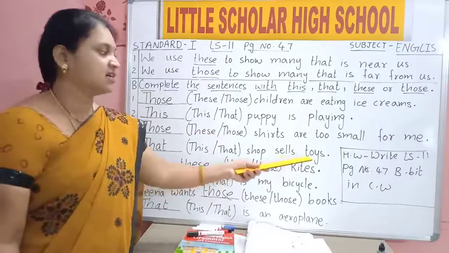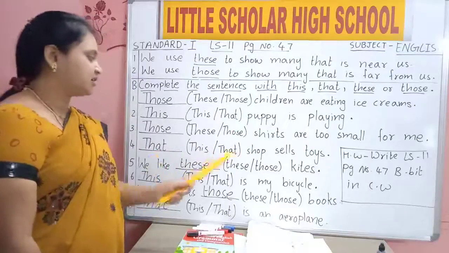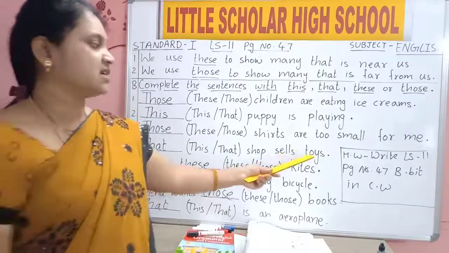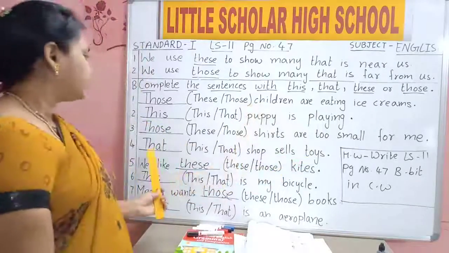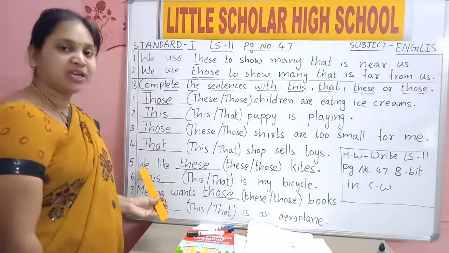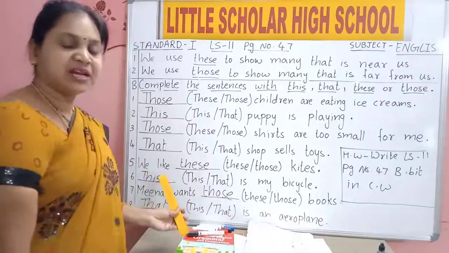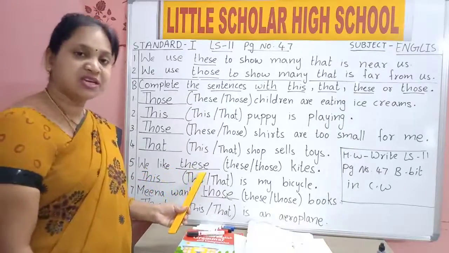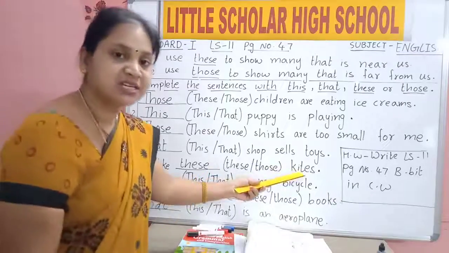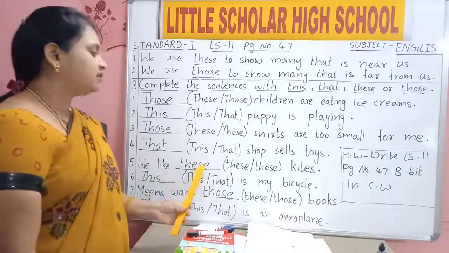S-E-L-L-S, sells. T-O-Y-S, toys. That shop sells toys. Next, W-E, we. L-I-K-E, like. T-H-E-S-E, these. K-I-T-E-S, kites. We like these kites.